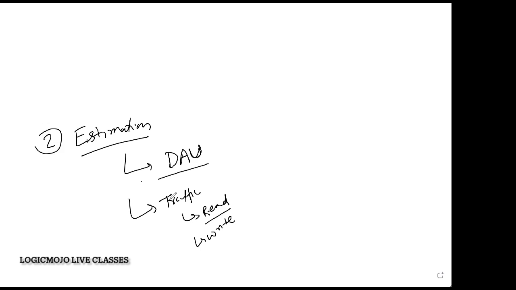We'll talk more about those points in detail when we take use cases like tutor design or any other system design problems. So you talked about the traffic, you talked about the DAU, then you talk about the kind of data you will be writing.